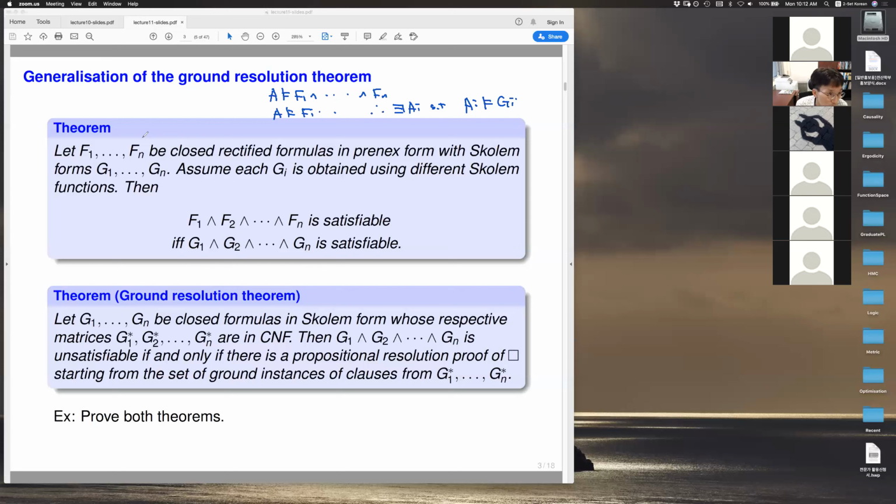So to actually show this theorem, we have to look at how the proof was constructed. When you obtain Ai from A in the proof of the Skolemization theorem, Ai and A are very, very similar. They are almost the same, except for the function or constant symbols.